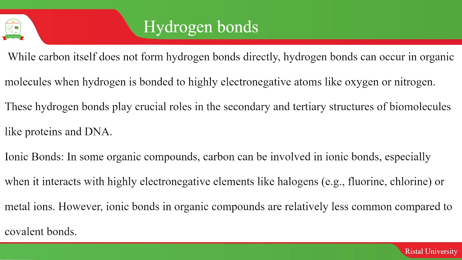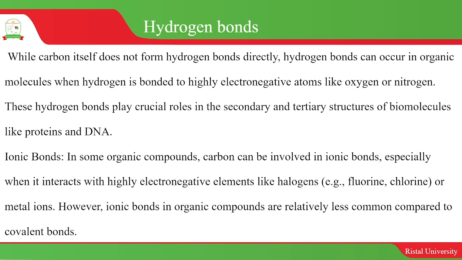And then the other type of bonds, what we call hydrogen bonds. Carbon itself does not form hydrogen bonds directly, but in organic molecules where you have a compact structure, you will see hydrogen bonds being formed as a result of electronegativity difference between the molecules or the atoms.